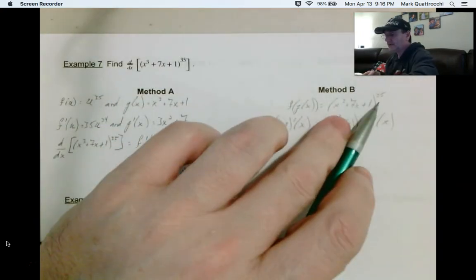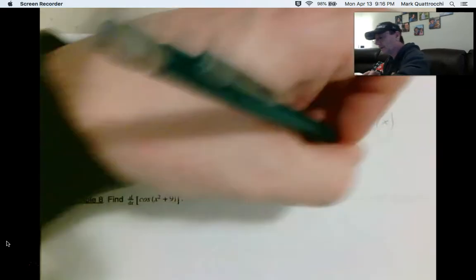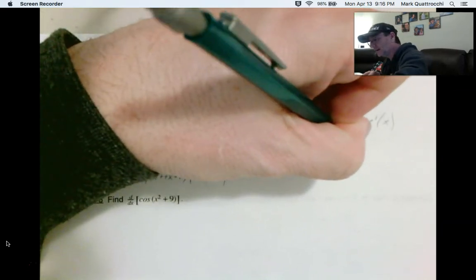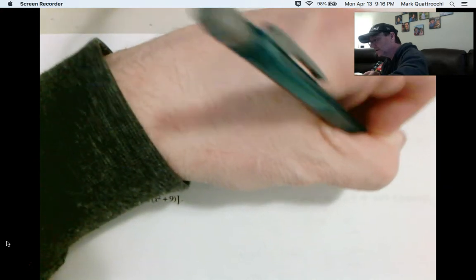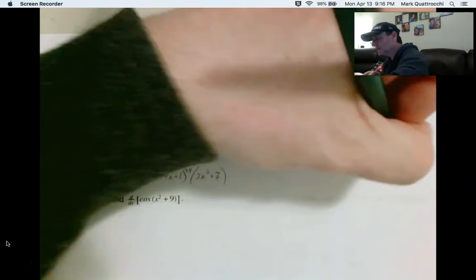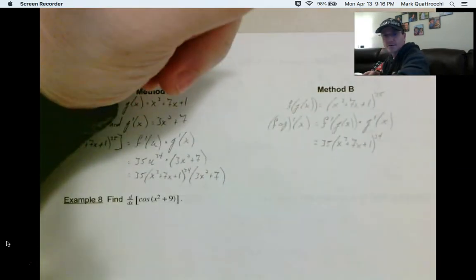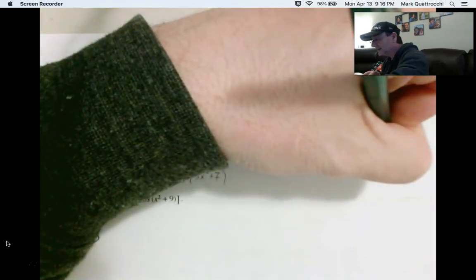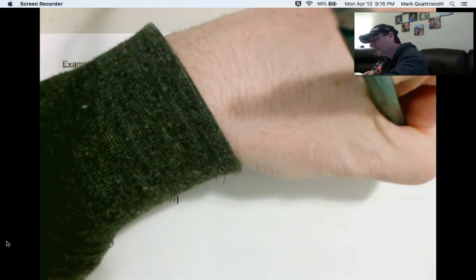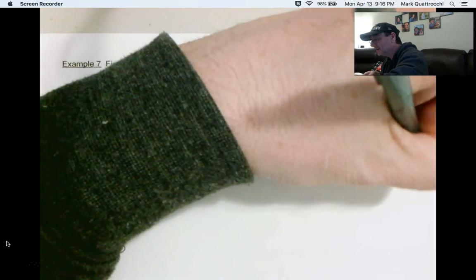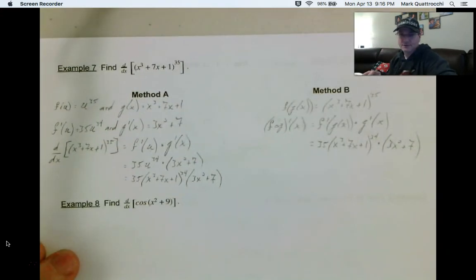Take that 35 out in front, power rule: 35 times x cubed plus 7x plus 1, inside function untouched, to the 34th power, subtracting 1, times the derivative of the inside function, 3x squared plus 7, and there's your final answer.